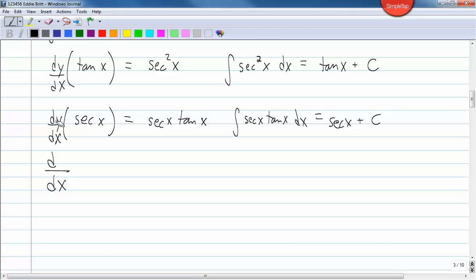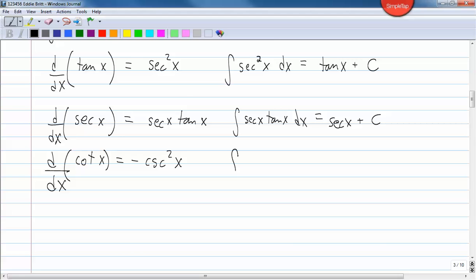I really don't have to have this y up here since I don't have a y equals, but that's not a big deal. So the derivative of another trig function, say cotangent x. We know that the derivative of cotangent is negative cosecant squared.